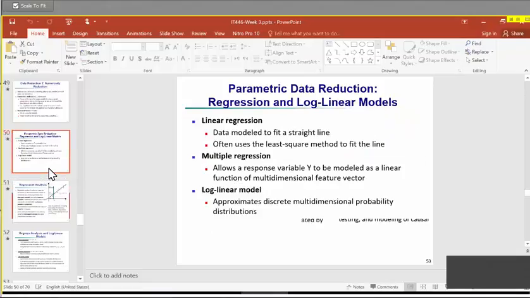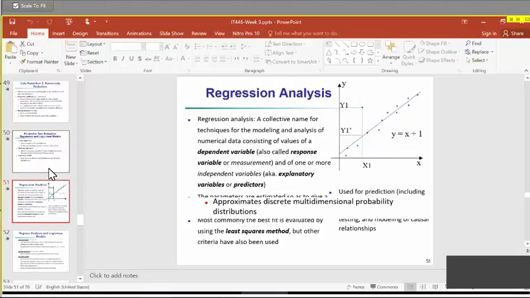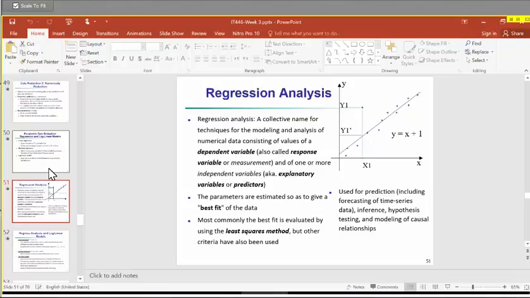So we can also see how regression works. Regression analysis is a collective name for techniques for the modeling and analysis of numerical data, which consists of values of a dependent variable, also known as a response variable or measurement variable, and of one or more independent variables, for example, explanatory variables and predictors.